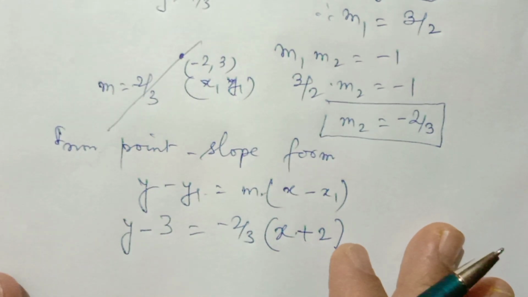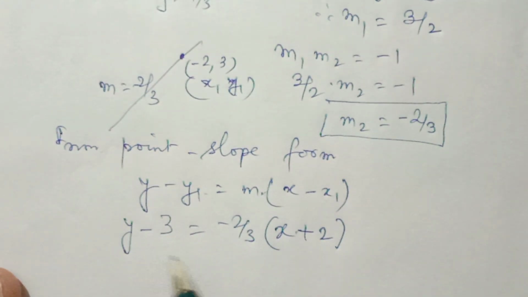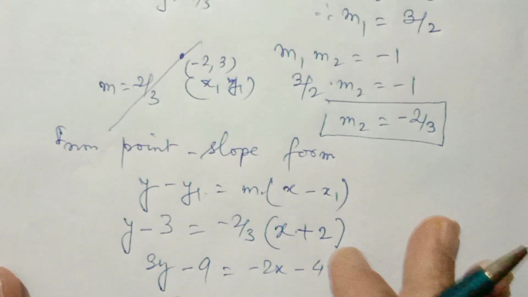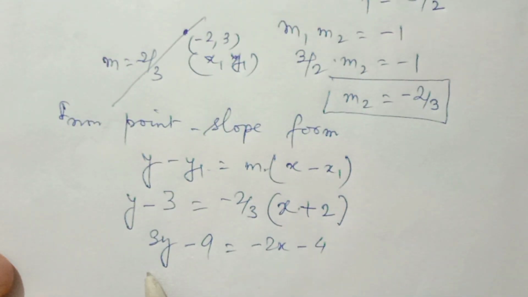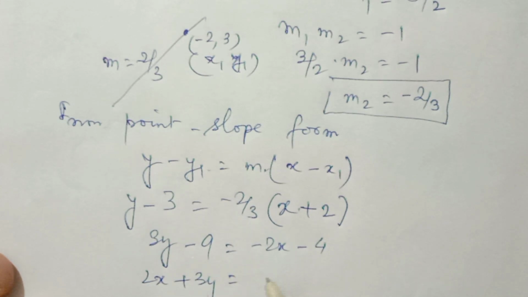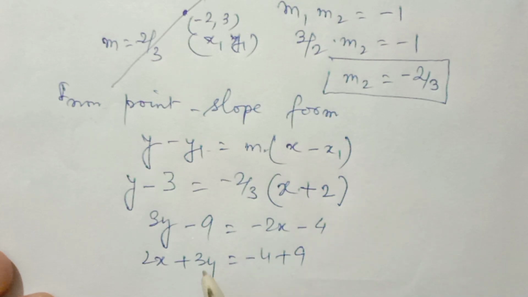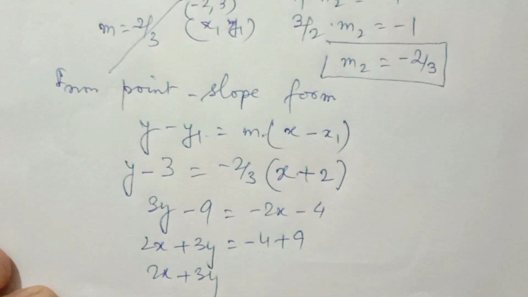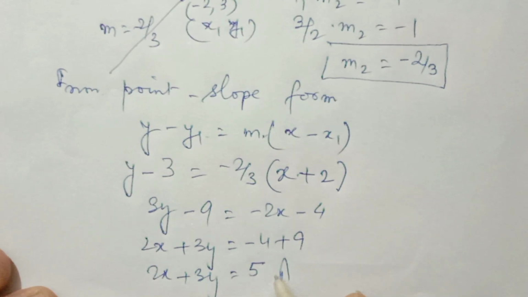Then cross multiply: 3y minus 9 equals -2x minus 4. Then rearrange: 2x plus 3y equals -4 plus 9, so 2x plus 3y equals 5, or you can write 2x plus 3y minus 5 equals 0. So this is the answer.